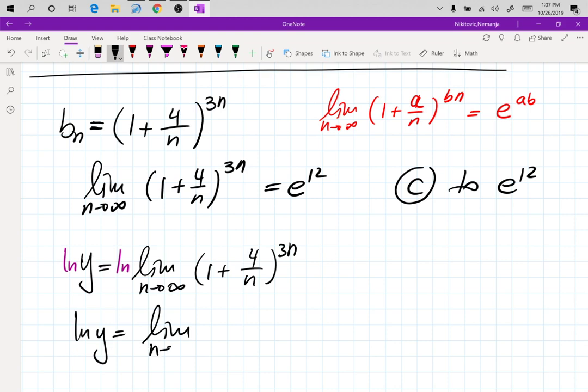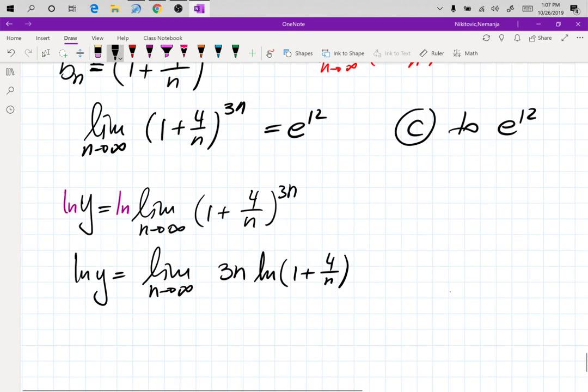And then the limit goes to infinity. You have your 3n ln of (1 plus 4 over n). And when you plug your infinity in, you get infinity times 0.